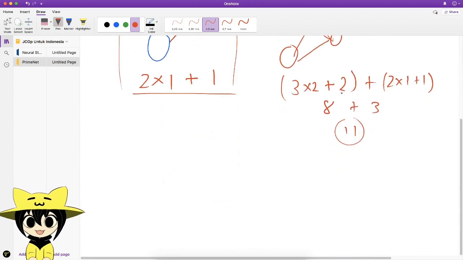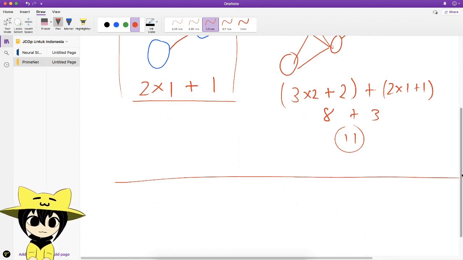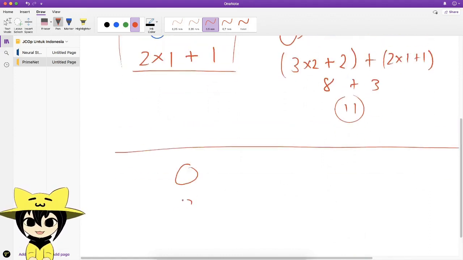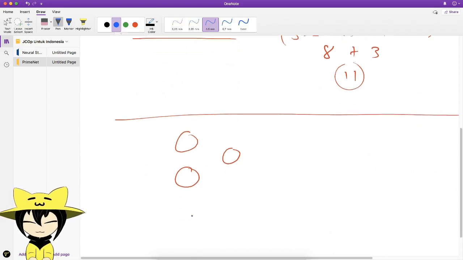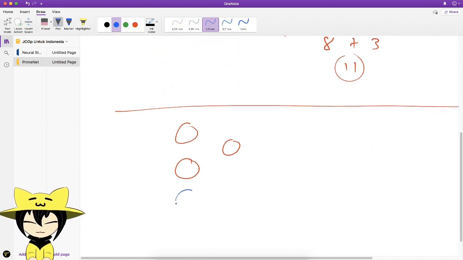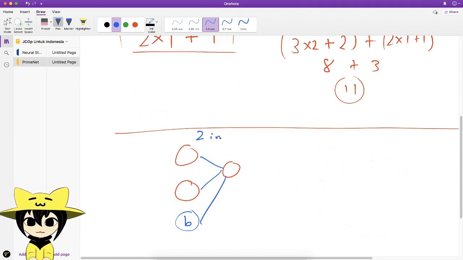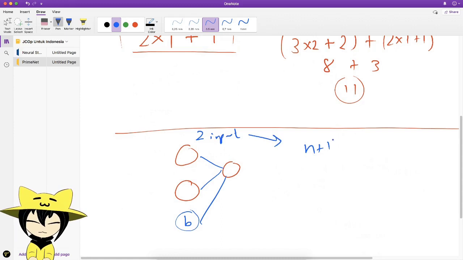To make it simple, we could draw it differently. If we have two inputs here, we imagine there is another neuron just for the bias. So the number of weights will be (n plus 1) times (n minus 1).